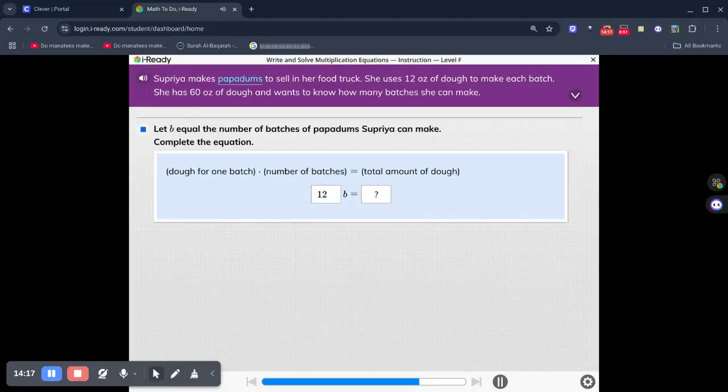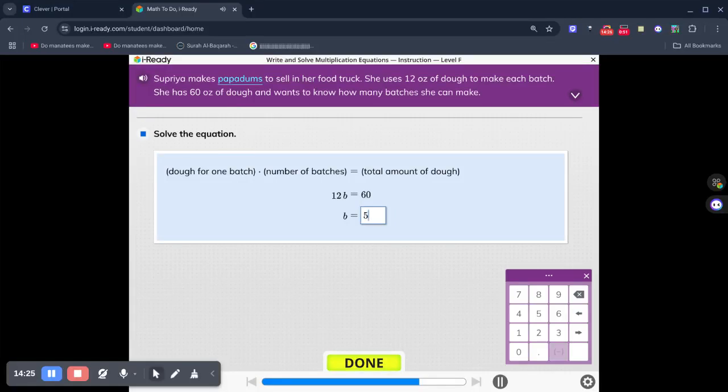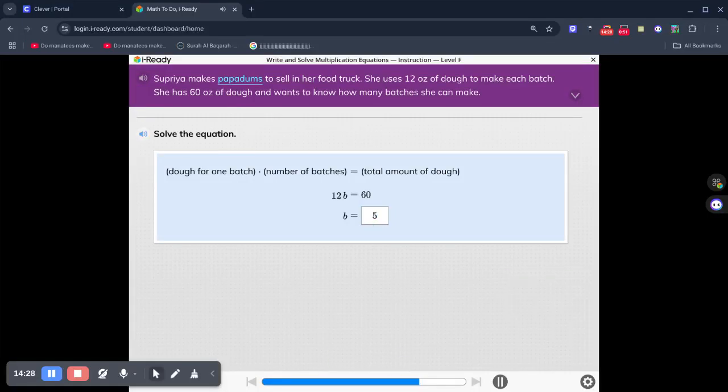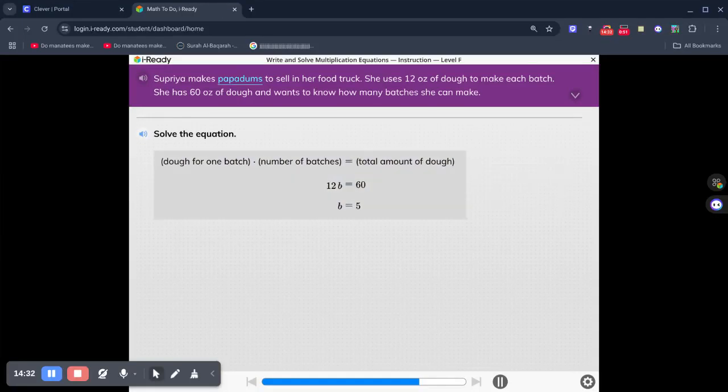Complete the equation. Solve the equation. Way to go! Supriya can make 5 batches of papadums.